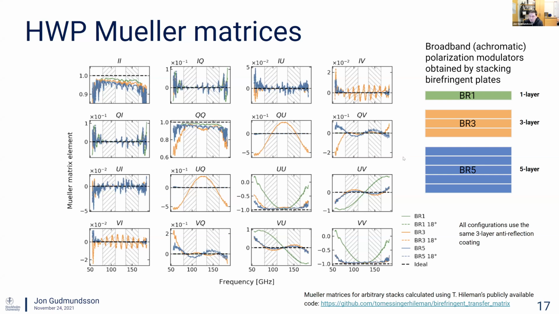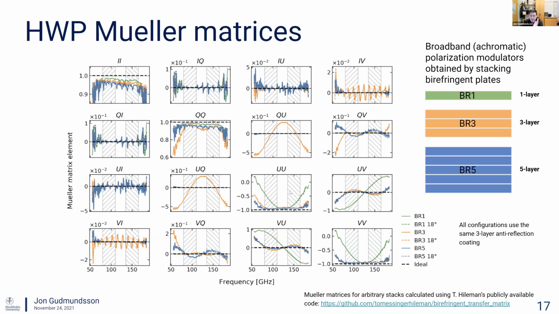The reason you would have multiple layers in your half-wave plate is because it allows you to have broadband frequency coverage. One thing that you'll notice is that if you look at the Mueller matrix UU coefficient of the single layer half-wave plate, it is nowhere close to the ideal -1 scenario. It is varying quite significantly across frequency.